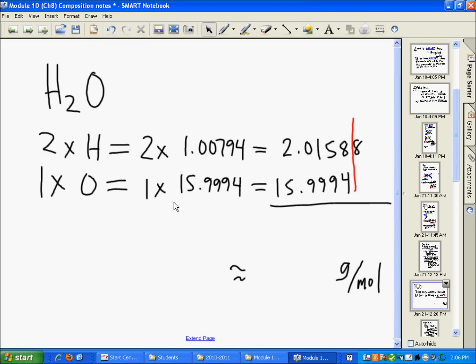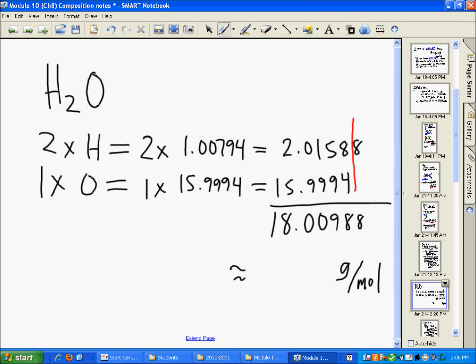And when you add those numbers up, what do you get? 2.01588 plus 15.994 gives 18.0098.